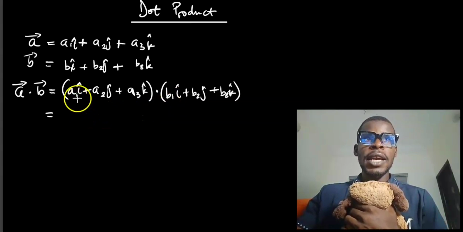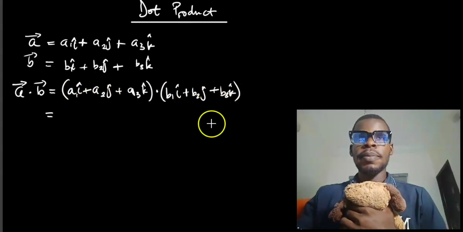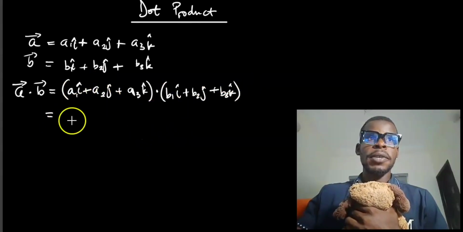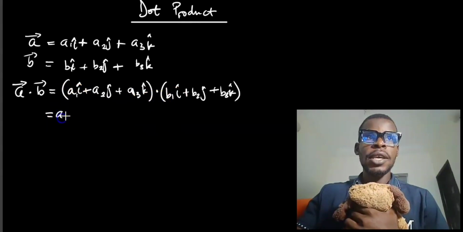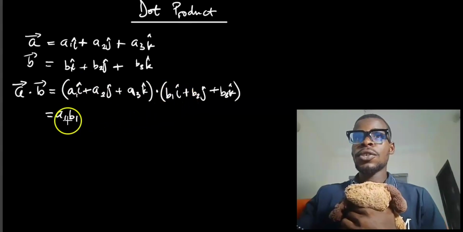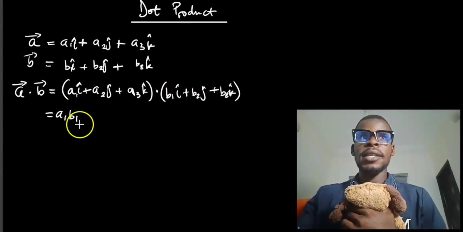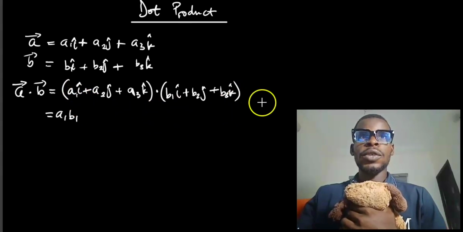So what I would like to do is take this particular component and multiply it with everything here, then the second component with everything, just like we do normal multiplication. When we have a1 dot b1, that will be a1 times b1. Then i dot i is just 1, so I just multiply with 1, which doesn't change it. Now let's go on with a1 with the other two components.